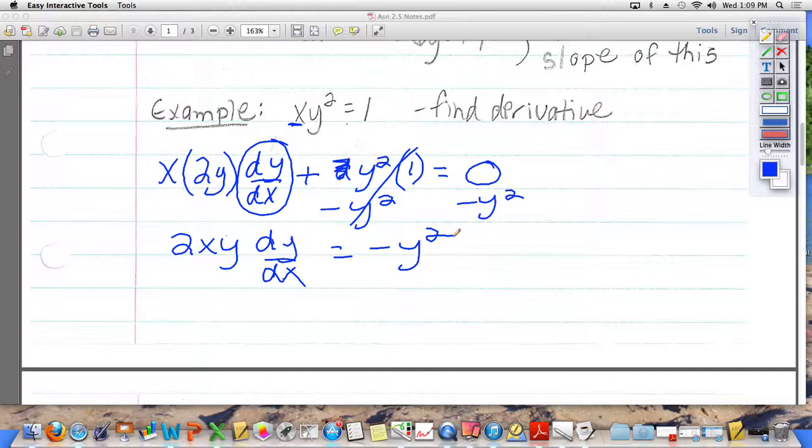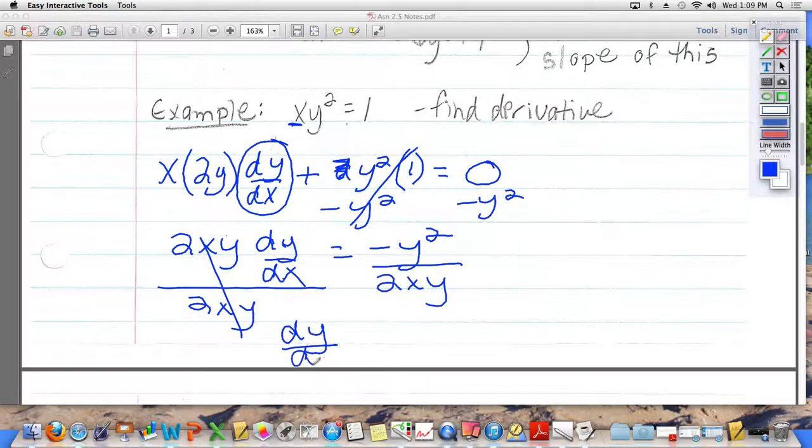Where did the 2 come from? This 2 right here. All right, so now we're going to divide by 2xy. They cancel out. Divide the right side by 2xy also. So we are left with dy/dx is equal to, what can I do here to clean this up?